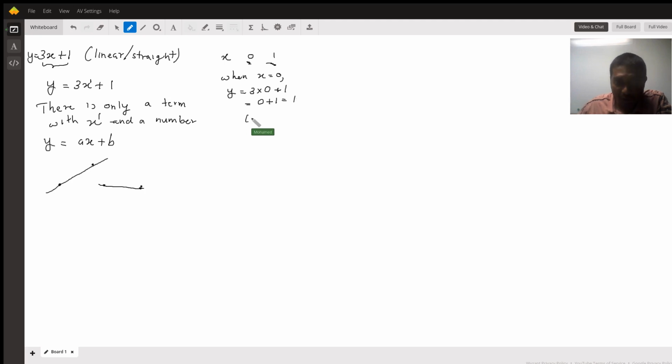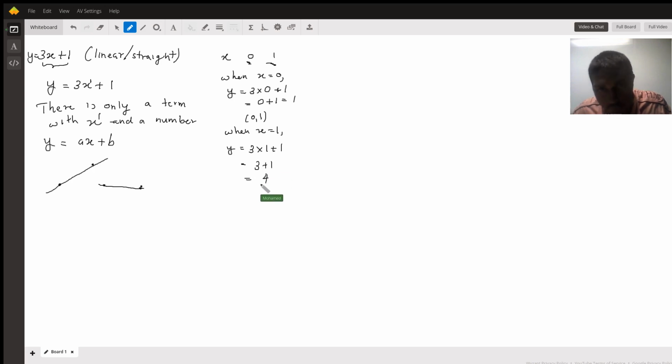So 0 comma 1 is a coordinate point. Now when x equals 1, y becomes 3 times 1 plus 1, which is 3 plus 1, which is equal to 4. So 1 comma 4 becomes a coordinate point.